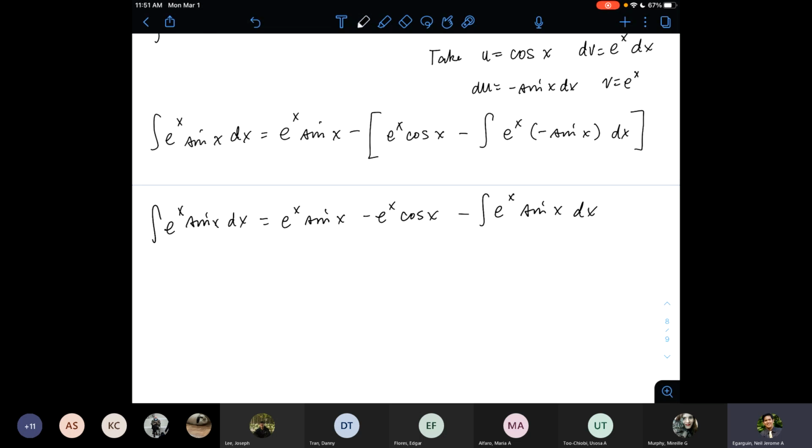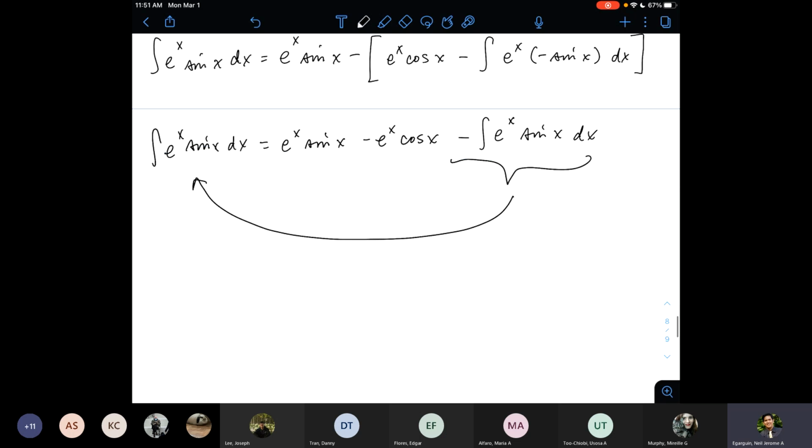But notice that the integral that we have here is exactly the same as the original integral. If that's the case, when you encounter, sometime in your IBP, the original integral again, then that means you can stop the process and simply transfer it to the other side. Because we're working with an equation here, we're solving for the integral of e to the x sine x dx, and I saw that again on the right-hand side.